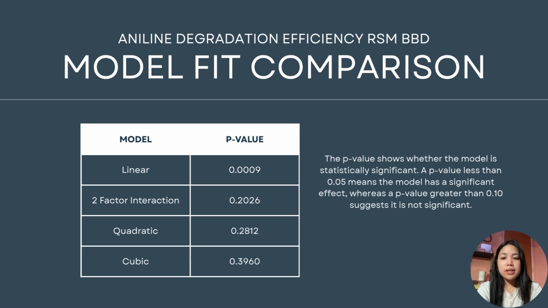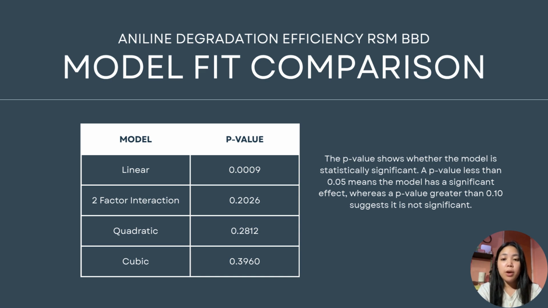The figures give us a preliminary understanding of how each parameter affected degradation, but to further model their relationships, we used response surface methodology with the Box-Behnken design. We started by comparing different model types: linear, two-factor interaction, quadratic, and cubic.